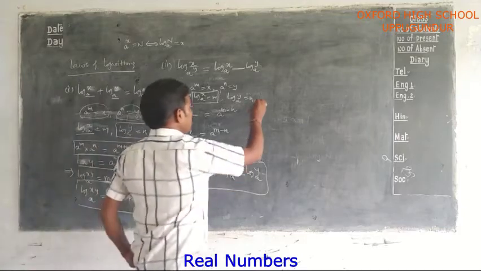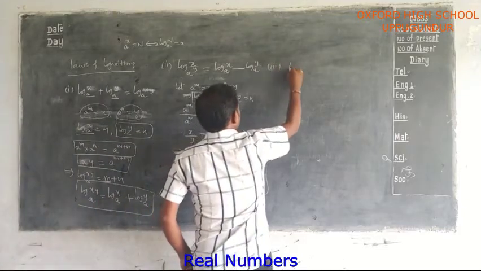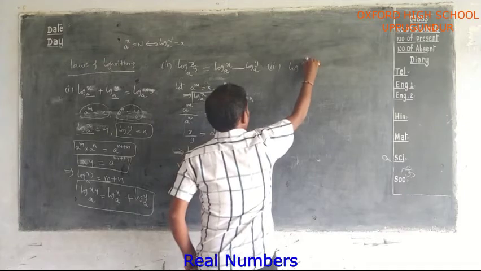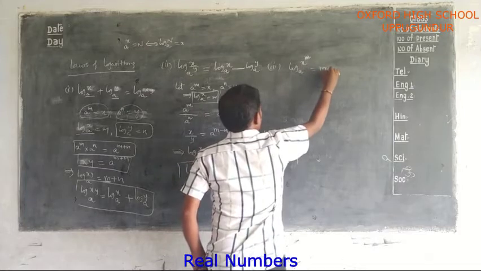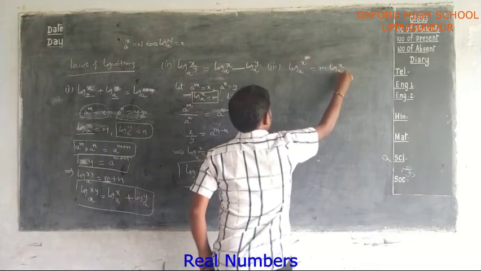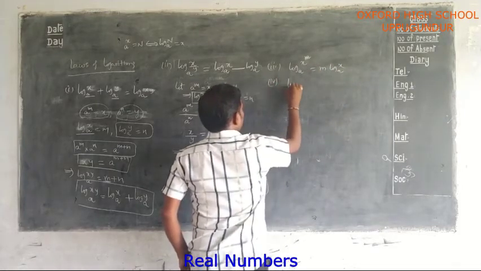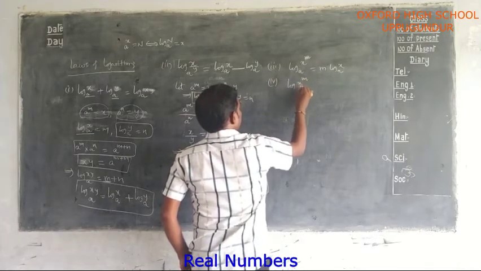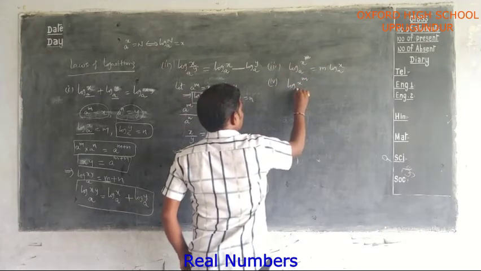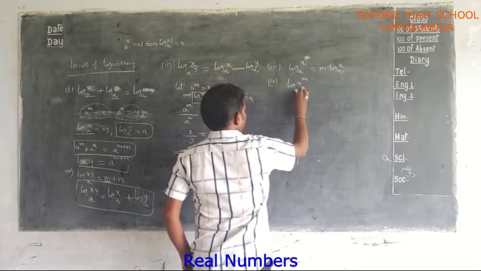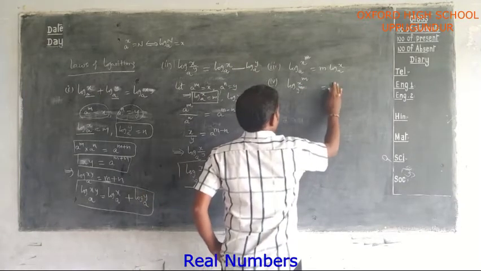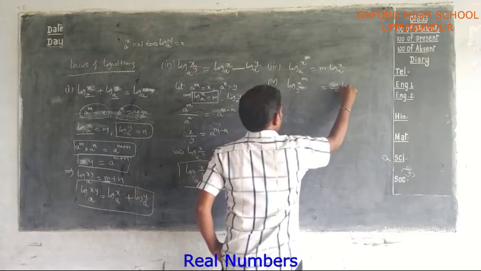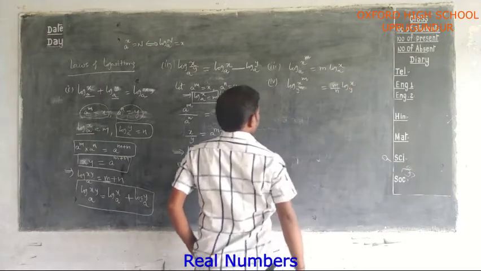What are the remaining laws? Third one is log x power m base a equal to m into log x base a. Next one, log x power m base y power n equal to m by n into log x base y.